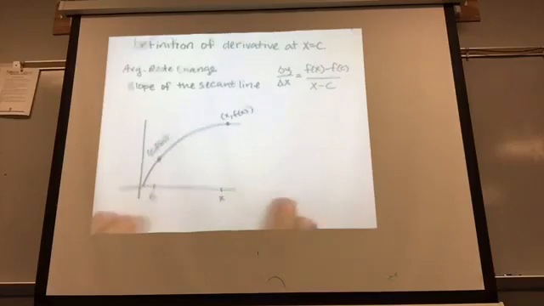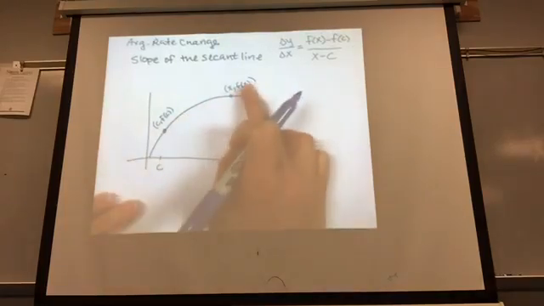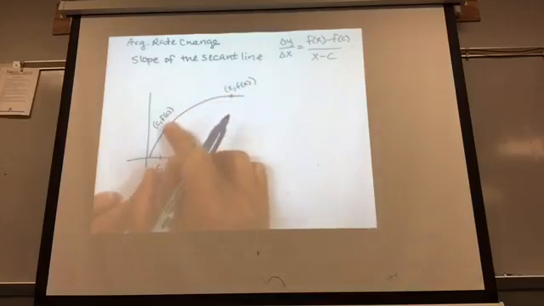Okay, so what happens if the points on my secant line get closer and closer to c?